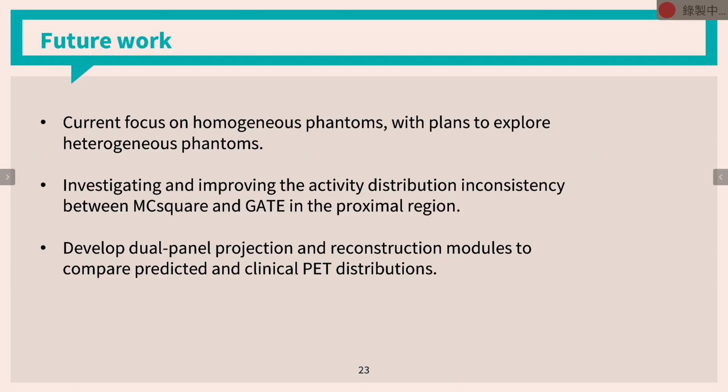MC² generates the activity distribution, but the actual PET results are influenced by scanner types. So I also plan to develop dual panel projection and reconstruction models to compare the predicted and clinical PET distribution. And that's all my presentation today. Thank you.